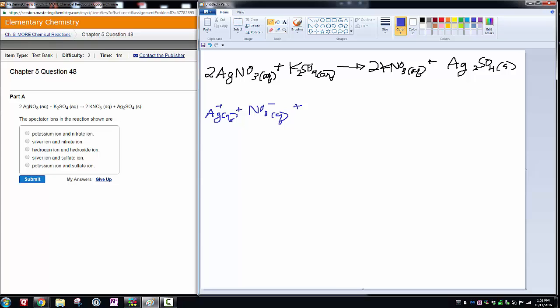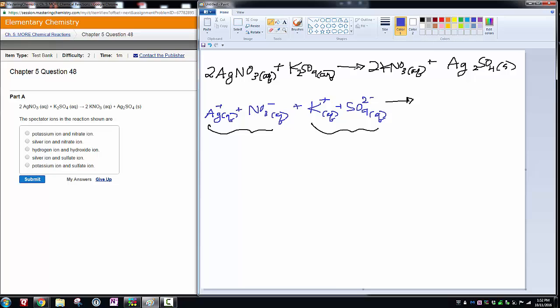And I'm mixing that with another solution which doesn't actually have potassium sulfate, but individually potassium ions and sulfate ions. For the moment, don't worry about balancing here. We're just trying to see what species are existing in the solution. So this is the first solution I'm mixing with the second solution, but both solutions just have a bunch of ions running around.